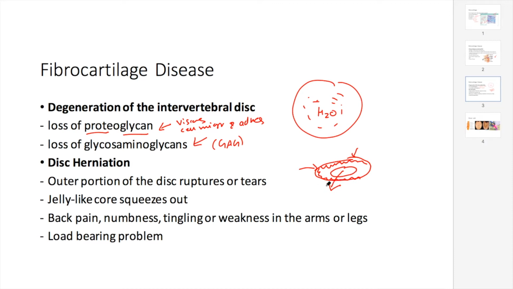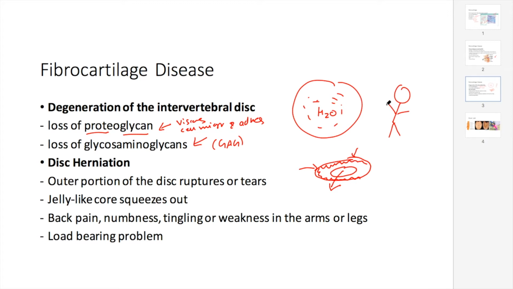When you try to carry a huge load, you cannot, because of that load-bearing problem. You're going to have pain when you carry those kinds of items.